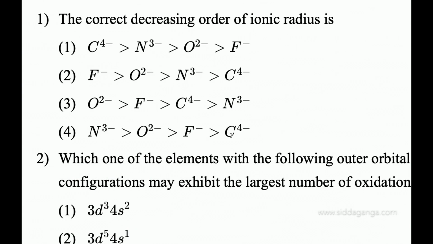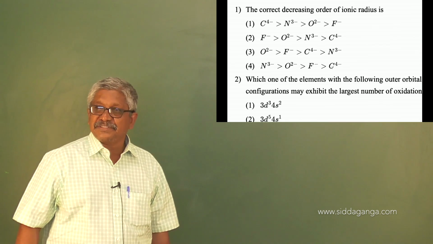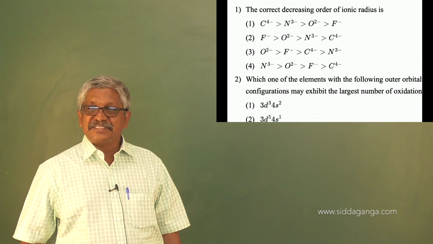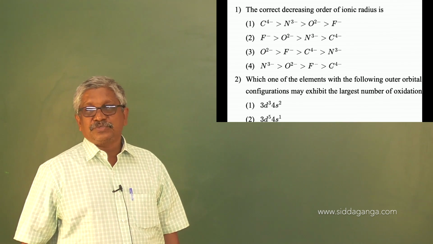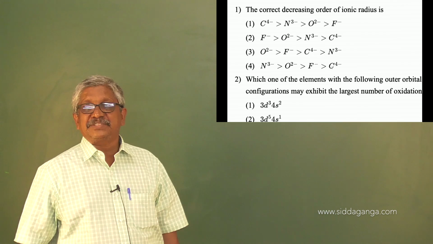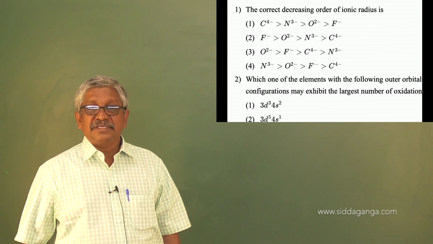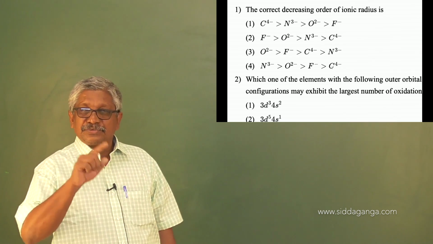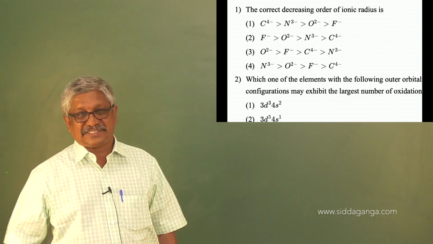the correct decreasing order of ionic radius. In that, first option is carbon, atomic number 6 plus 4 electrons gained, 10 electrons; nitrogen 7 plus 3, 10 electrons; oxygen 8 plus 2, 10 electrons; fluorine 9 plus 1, 10 electrons. So all these four in option 1 have an equal number of electrons. Due to the equal number of electrons, it is called an isoelectronic series.